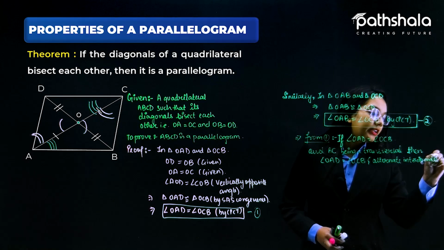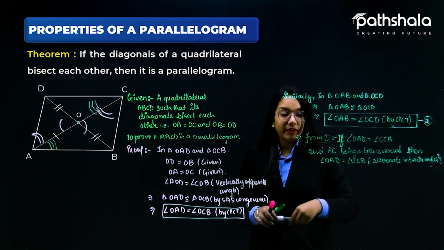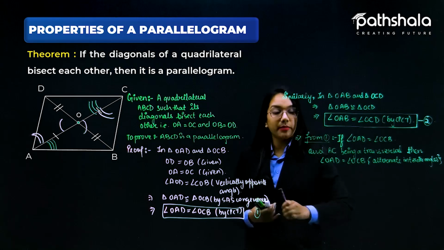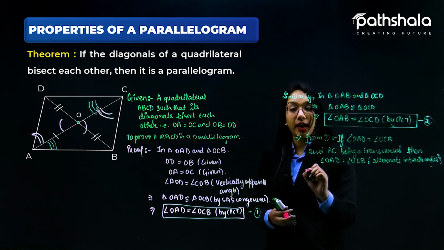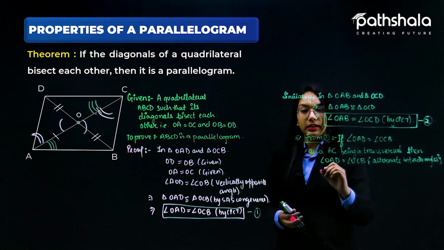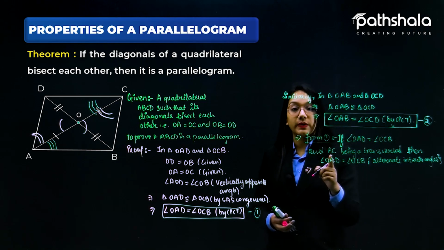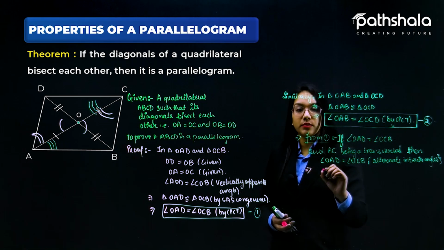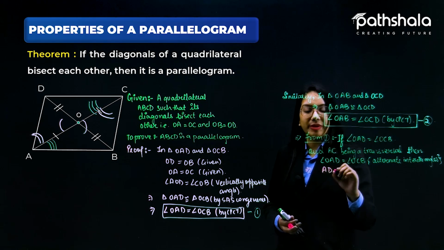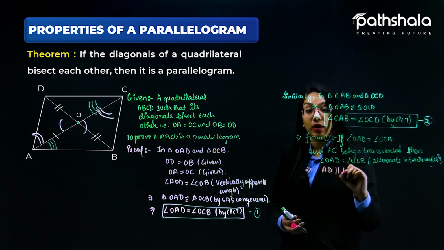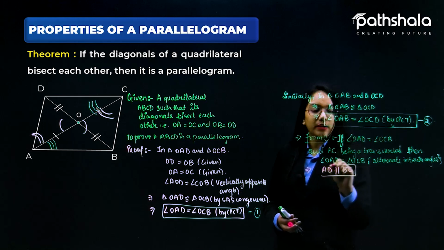And if they are alternate interior angles, then they are formed between two parallels only. Hence AC is a transversal between the two parallels AD and BC. It implies AD is parallel to BC.